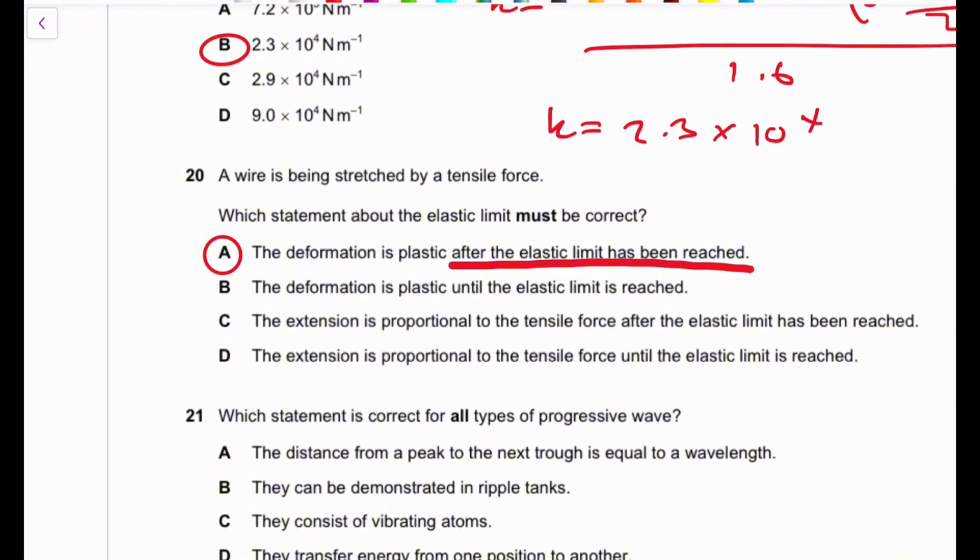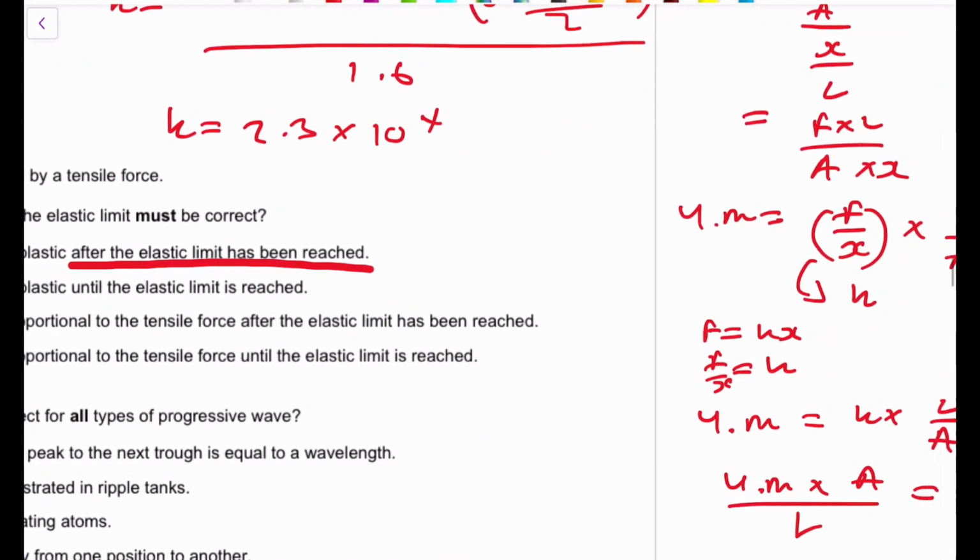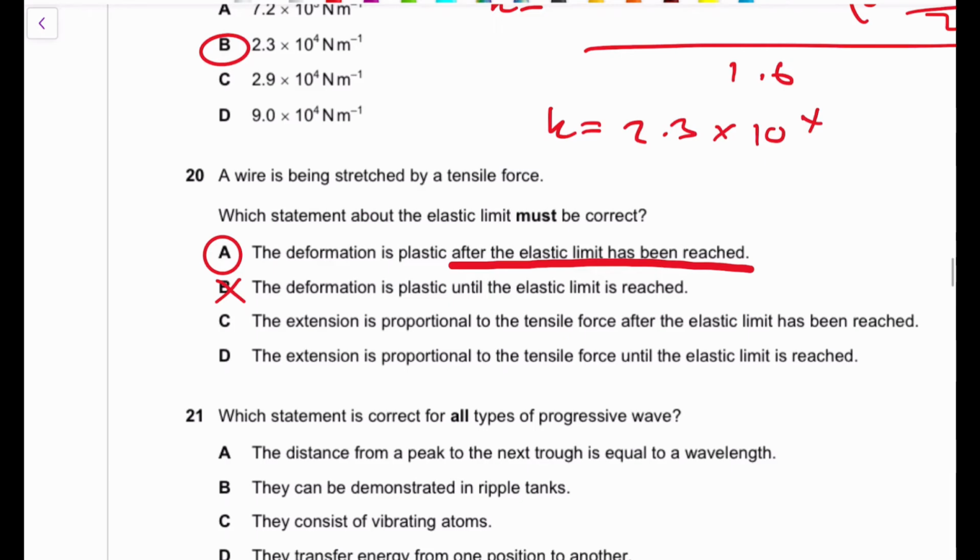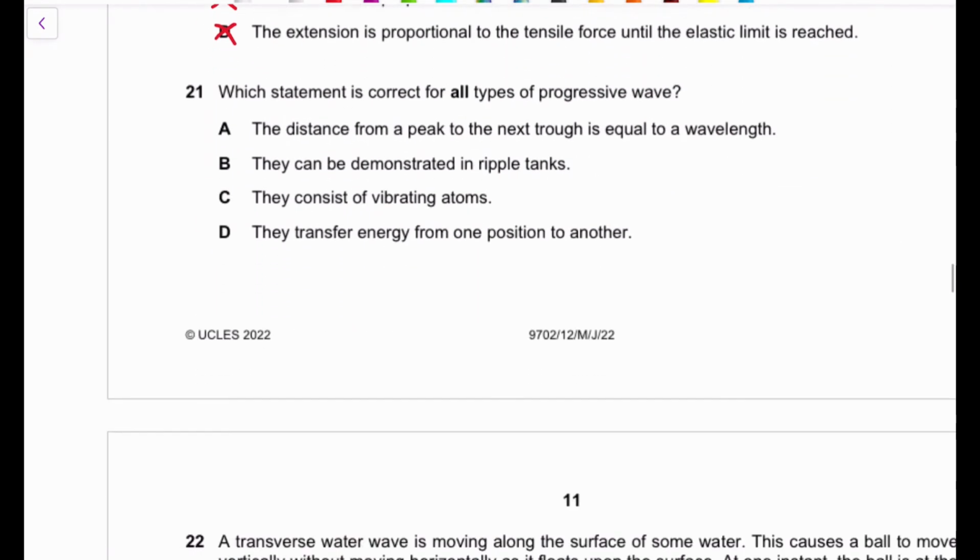It's not until the elastic limit is reached, it is after it has been reached, making B wrong. The extension is not exactly proportional to the tensile force after the limit. The elastic limit can also happen after the limit of proportionality, because the limit of proportionality and the elastic limit are not the same point. So that makes C and D wrong.